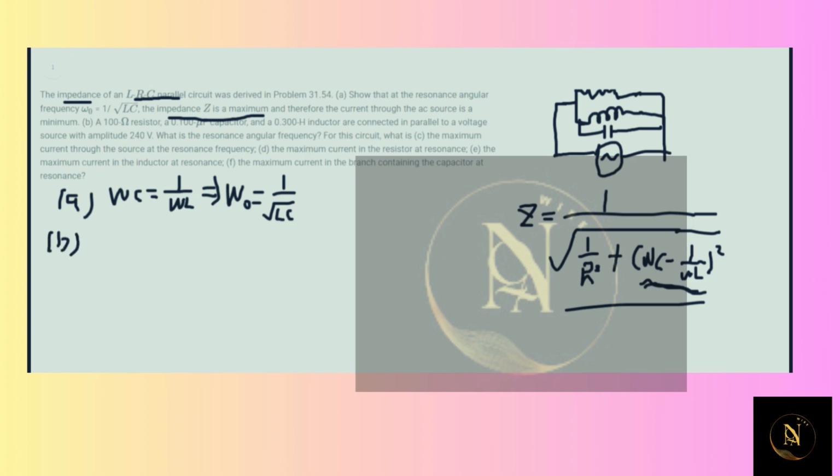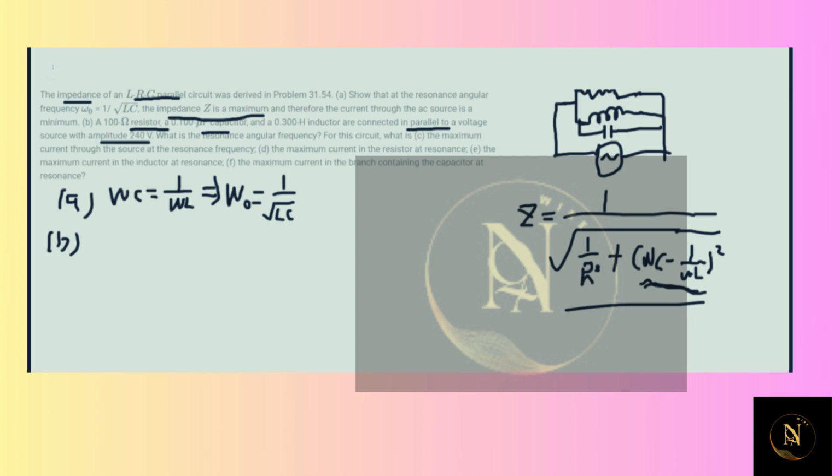And for part B, we have the resistor and this capacitor and inductor connected in parallel to the voltage source with amplitude of 240 volts. What is the resonant angular frequency?